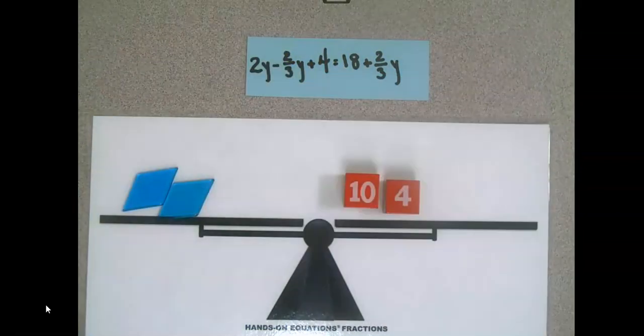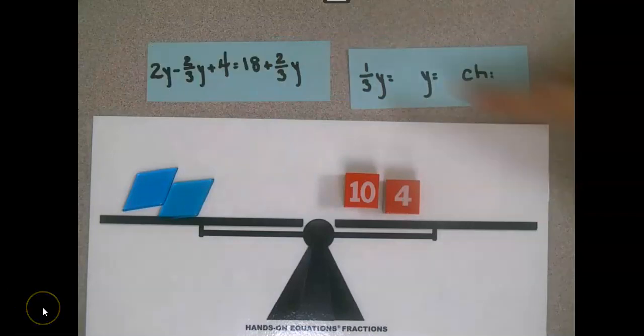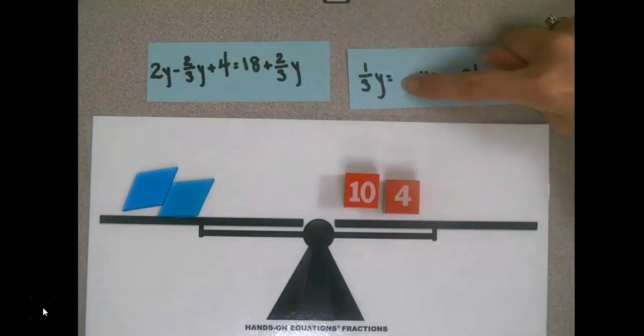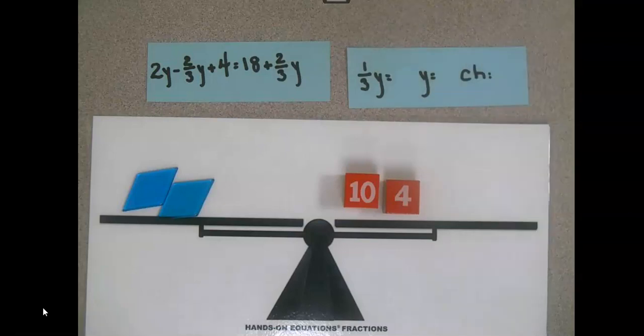So I'm left with 2 of my 1/3 blocks equaling 14, which means that each of my 1/3 blocks is worth 7. Knowing that 1/3 of my yellow is worth 7 means that my yellow itself is worth 21, and I can now set up my original equation in order to do my check.